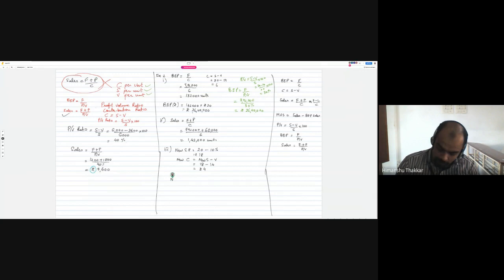New BEP is equal to F, which remains the same, upon new C. So F is 7,92,000 upon new C, which is 4. So what's the answer? Yes, it is 1,98,000 units.